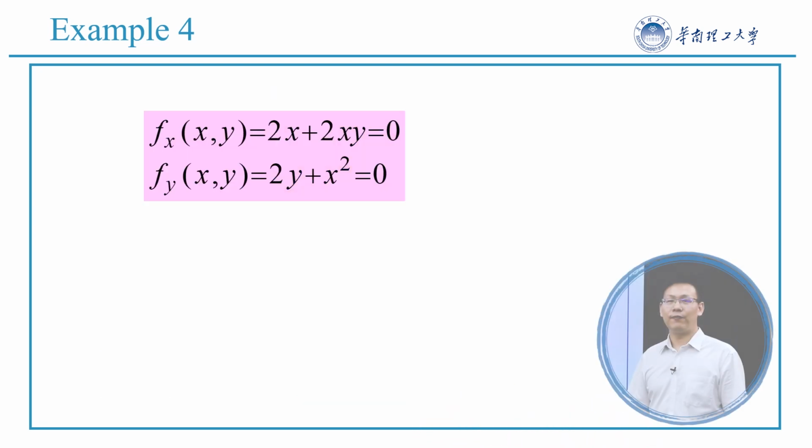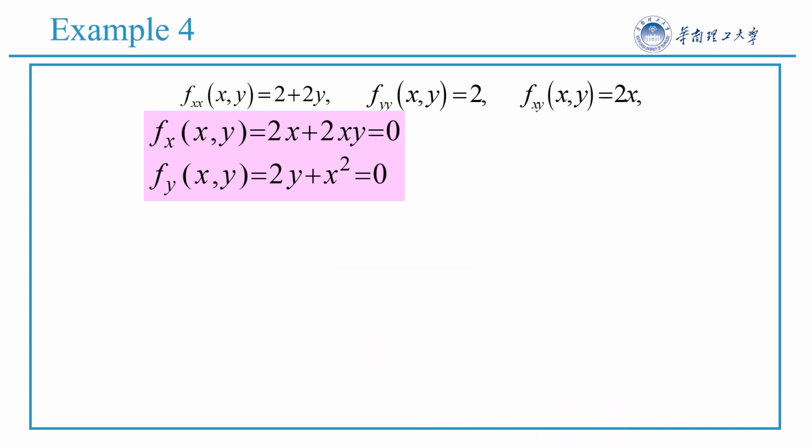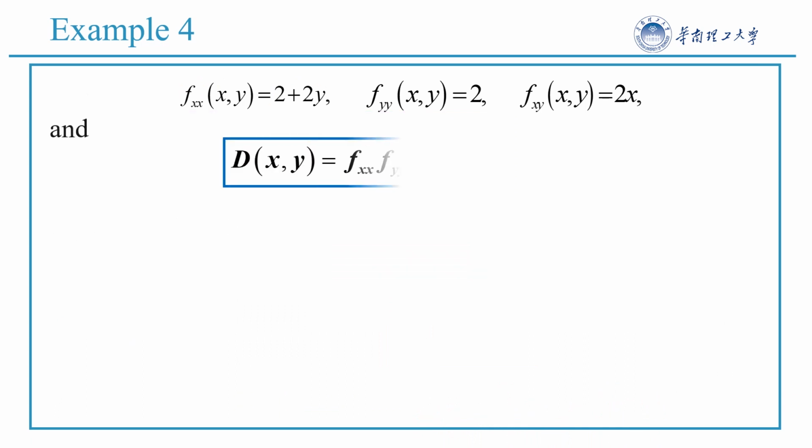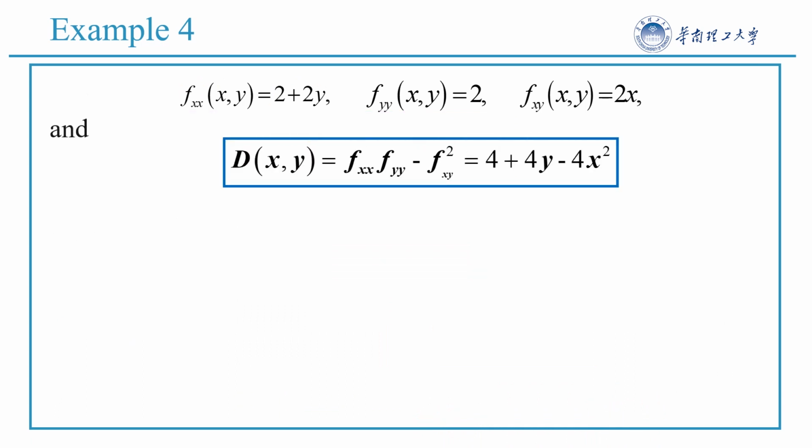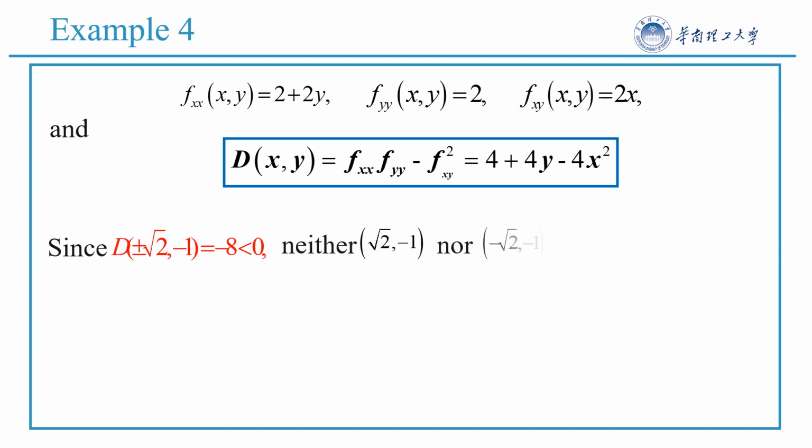Furthermore, the second partials of f(x, y) are the three terms, and D equals 4 plus 4y minus 4x squared. Since the value of capital D at these 2 points is minus 8, less than 0, neither of them is extreme.